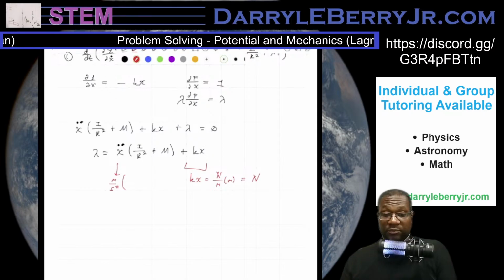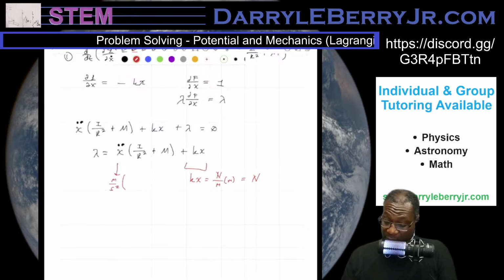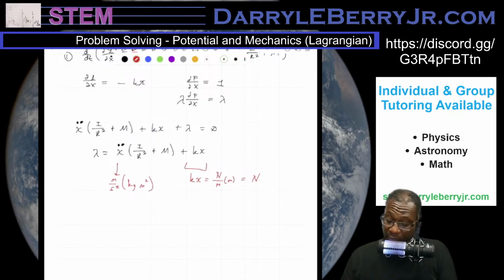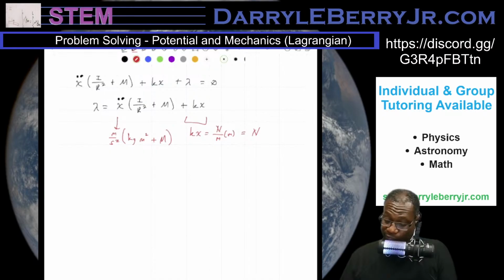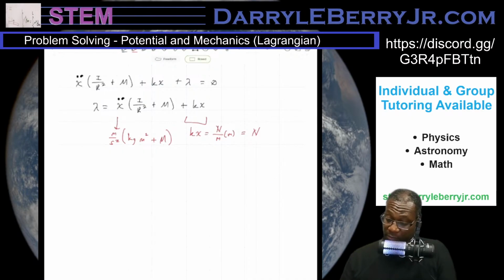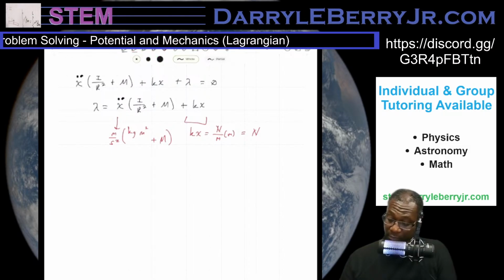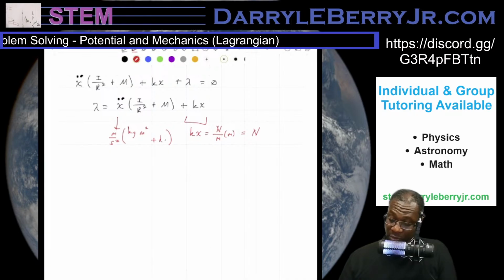The moment of inertia is going to be kilograms meter squared, divided by r squared, times mass, kilograms, if it's over meters squared.